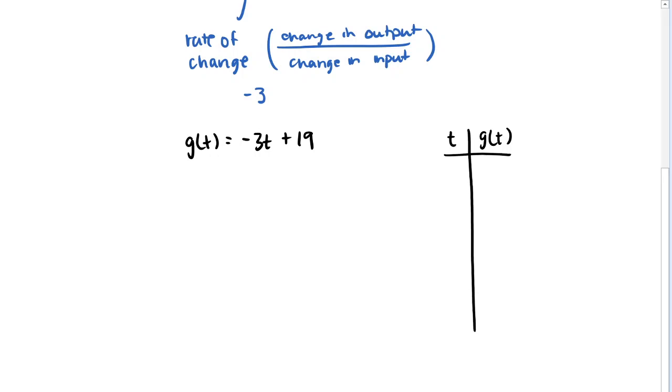Right, we know that when 0 hours have passed, there should be 19 gallons of gasoline in the tank. When 1 hour has passed, we expect her to use 3 gallons, there should be 16 gallons of gasoline in this tank. 2 hours have passed, there should be 13. 3 hours have passed, there should be 10.